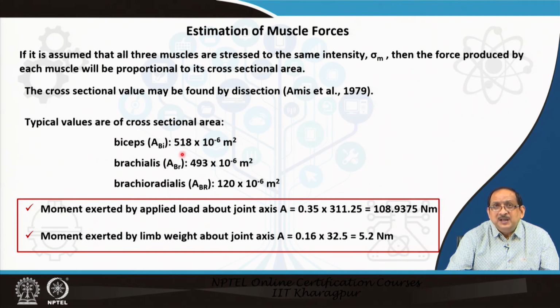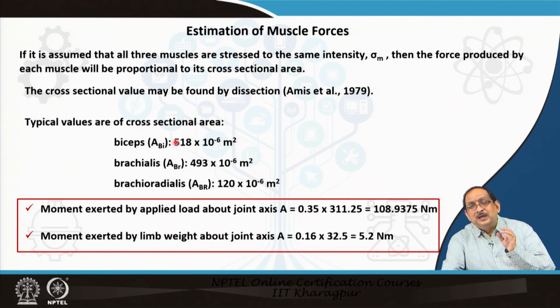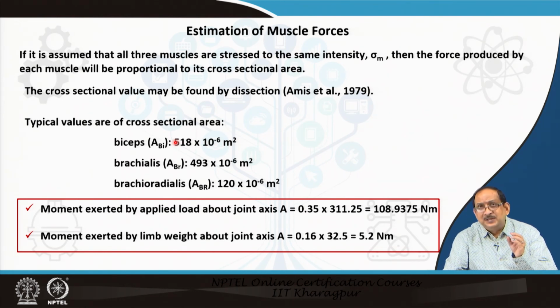So, once we have the stress generated in each muscle, we can multiply the cross-sectional area with the stresses generated in each muscle, and then we get the forces. And if we multiply the forces with the moment arm of the muscle, we get the moments corresponding to each muscle.